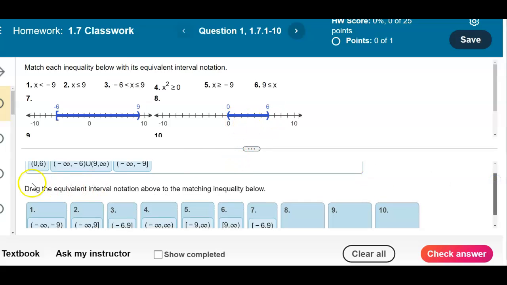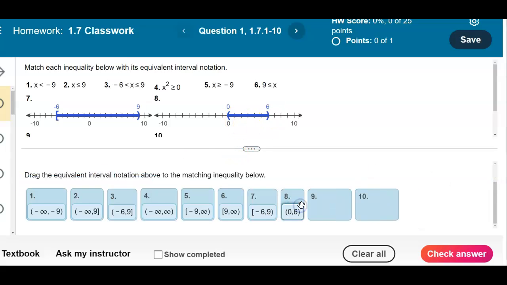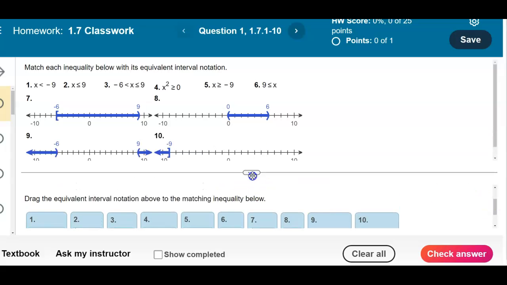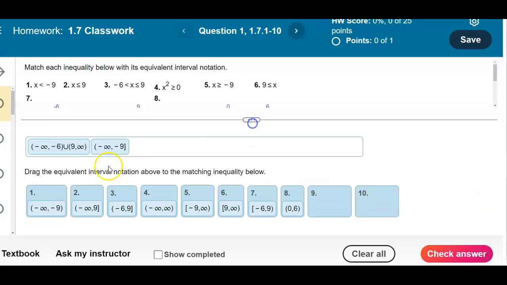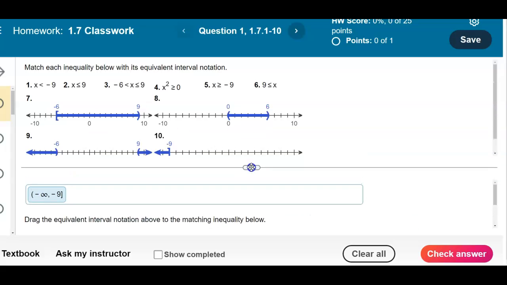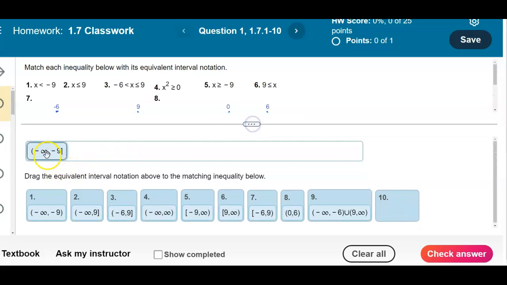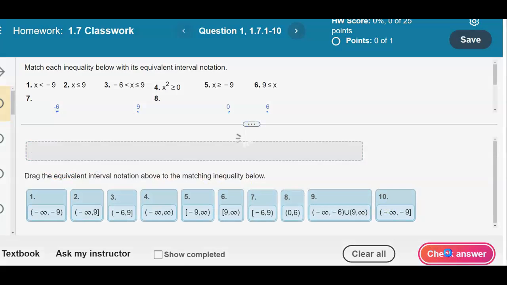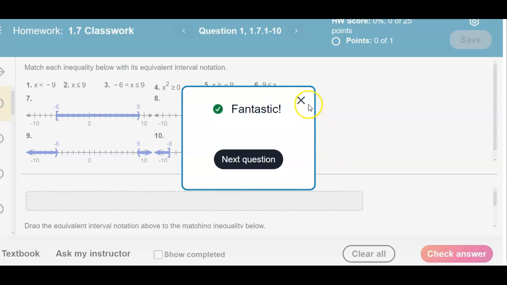Okay, and then this is 0 and 6 with parentheses. And then 9 has the union, so it goes from -infinity to -6, union 9, +infinity. And then the last one, you can see here, it goes from -infinity to -9 with a bracket. And let's check our result. And there is our answer.